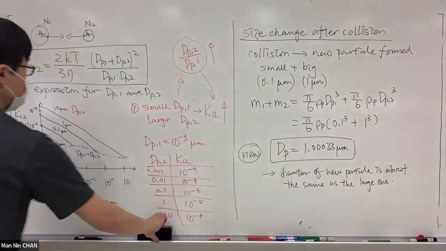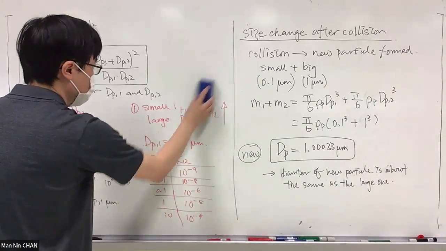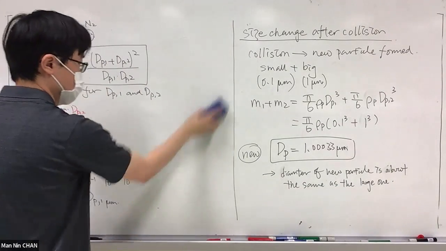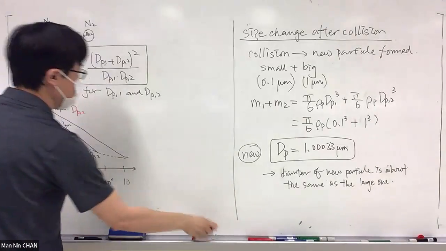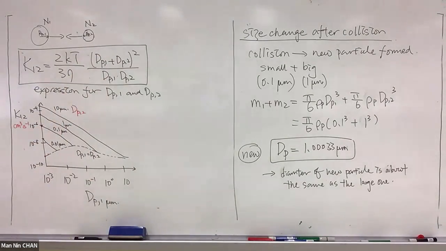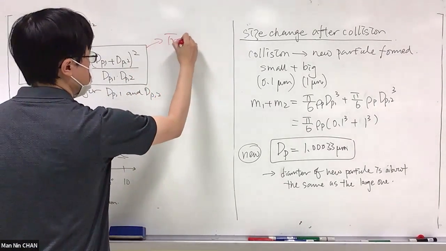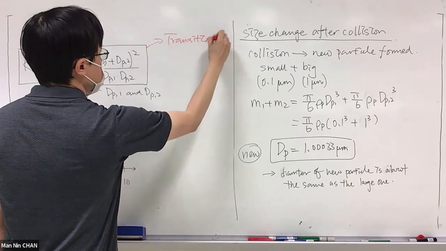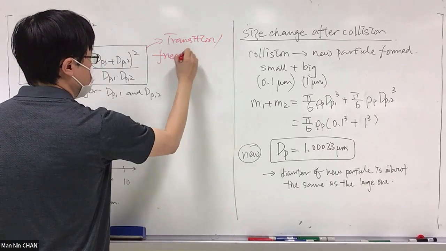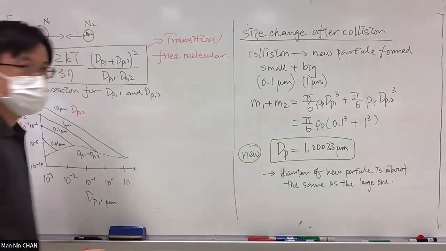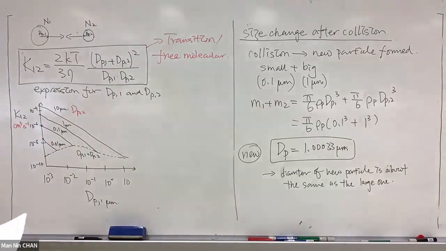Okay, so again, the equation we just showed you here is for the continuum regime. If you really want to move to the transition or free molecular regime, free molecular means that sometimes we call it the kinetic regime, of course you also need to do a correction, right?